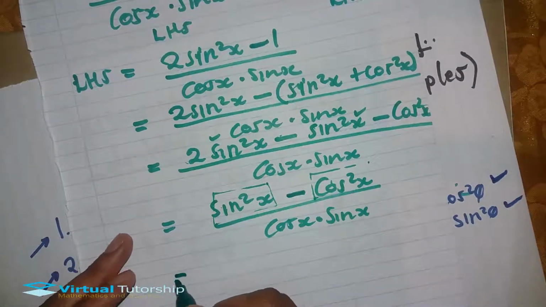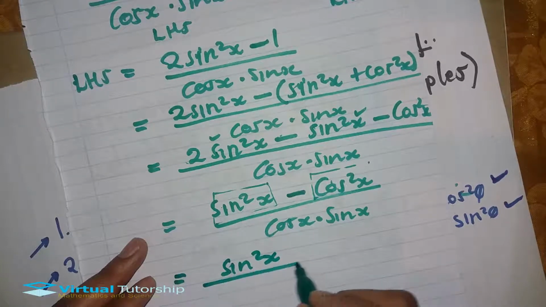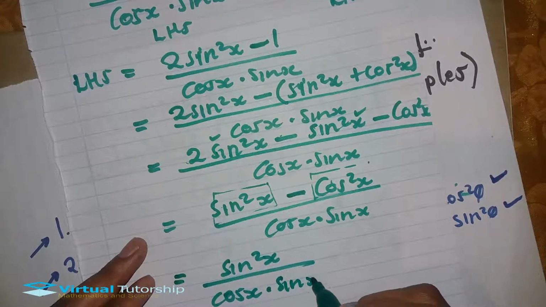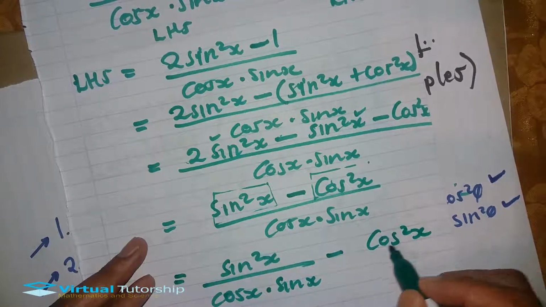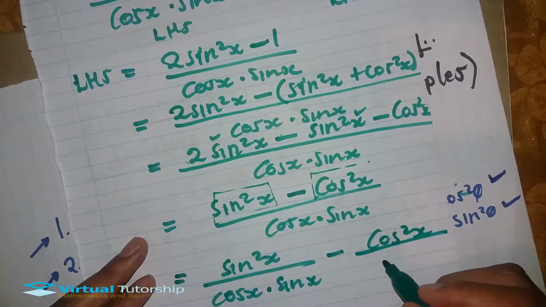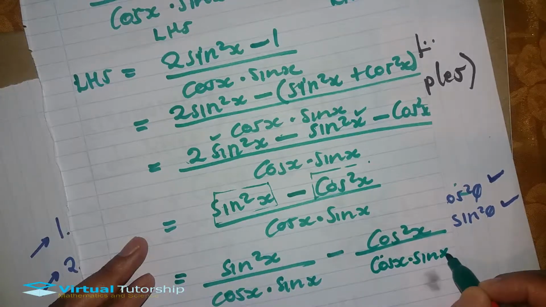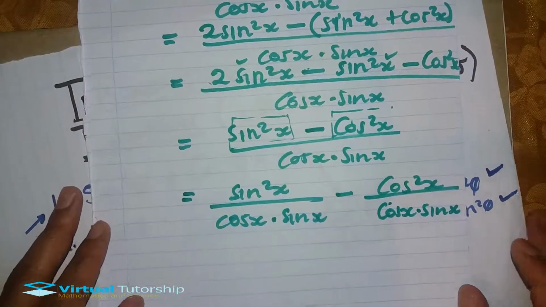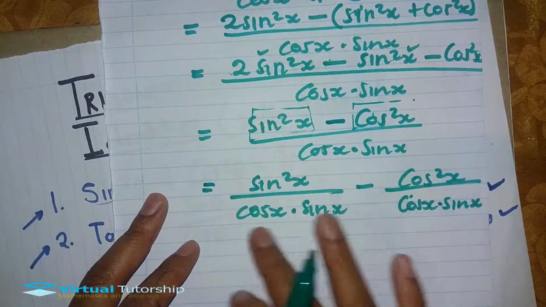So this term is divided by the denominator, minus cos squared x divided by the denominator.